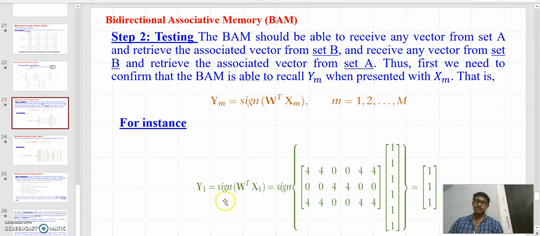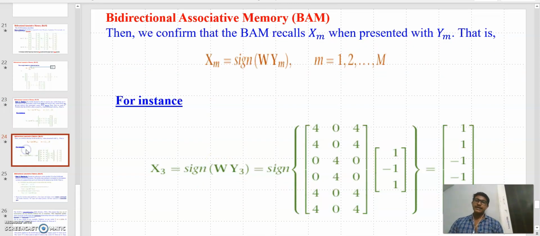For instance, Y1 equals sign of W^T X1. This is the function we are going to perform in this step 2, the testing function. Then we confirm that the BAM recalls Xm when presented with Ym, that is the function Xm equals sign of W Ym.